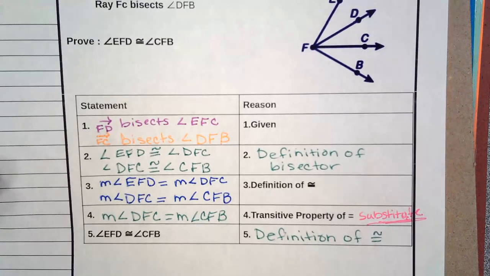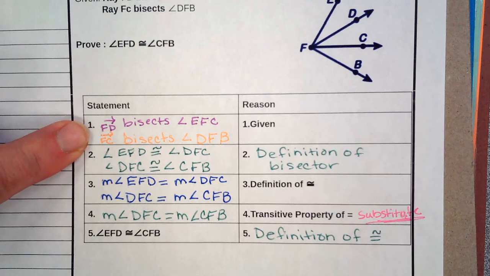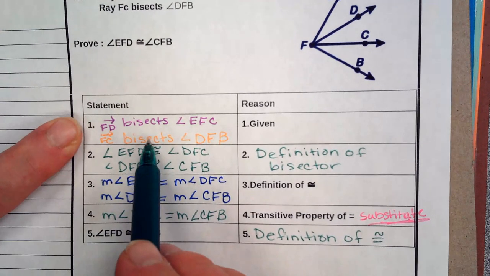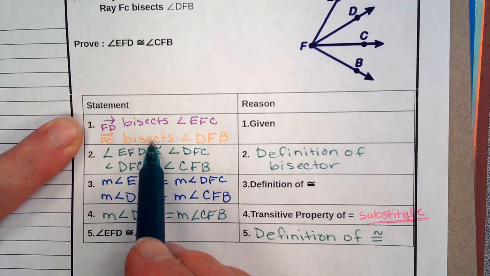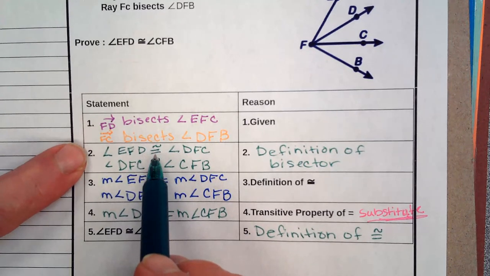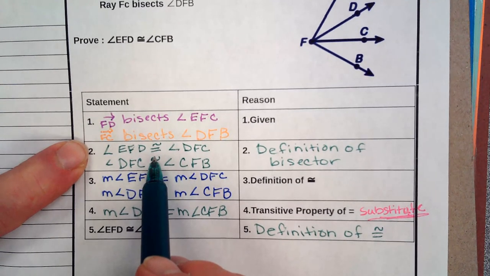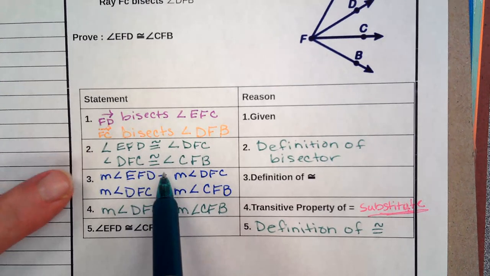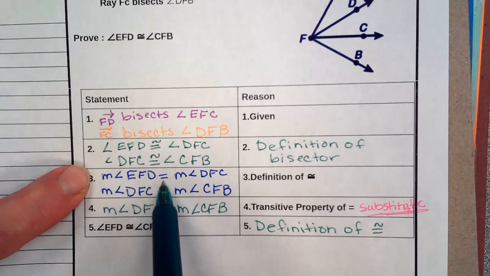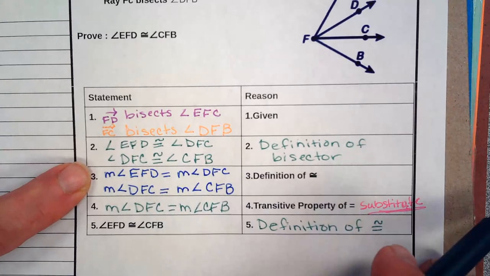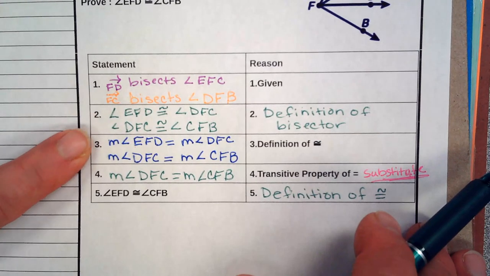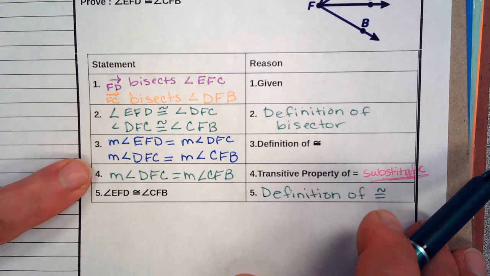So, as you're looking at this, you start with what you're given. You think about, what does it mean? Bisect means that I've got congruent angles now. Congruent angles, what does it mean? That means that their measures are equal. If two things are equal to a third thing, then they've got to be equal to each other.